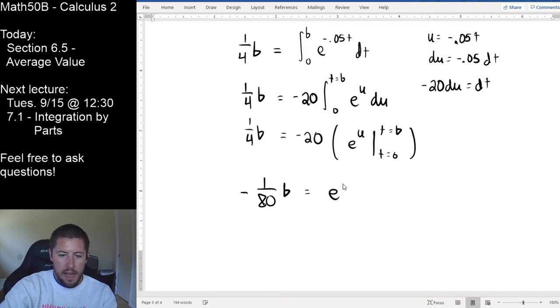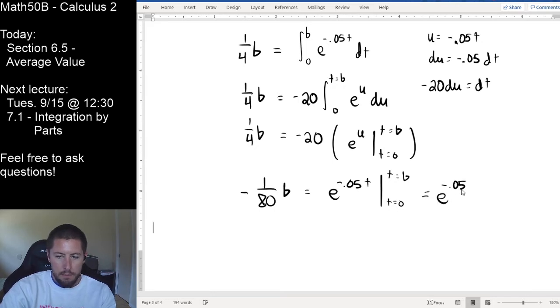Over here, I've got e to the, now u is negative 0.05t, evaluated from t equals 0 to t equals B. And so it looks like this is really e to the negative 0.05B minus e to the 0, and that's just going to be 1. So we're getting close to a good algebraic expression here.